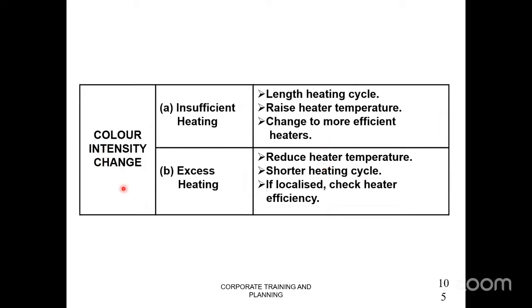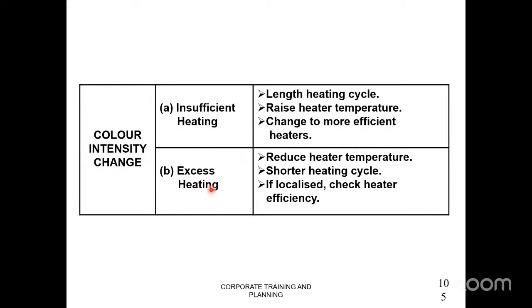Color intensity changes. If you see the color, you get a dark red color, but after processing you get a faint red color. Why does this happen? Because of insufficient heating or excessive heating. Therefore, we have to use the proper heating cycle. You have to consider raising the heater temperature, changing to more efficient heaters, or reducing the heater temperature.